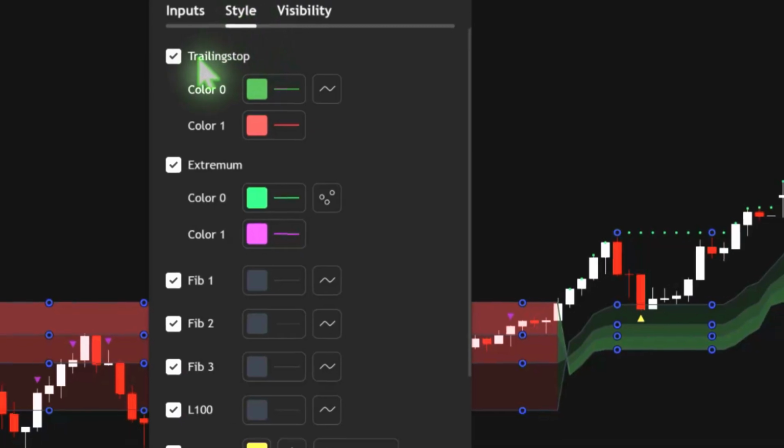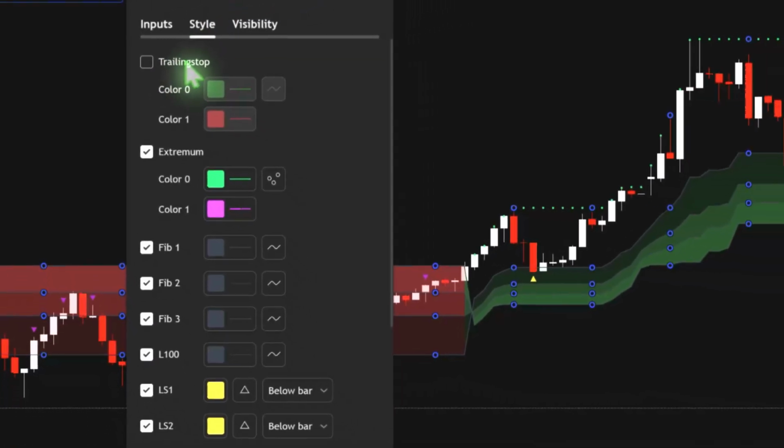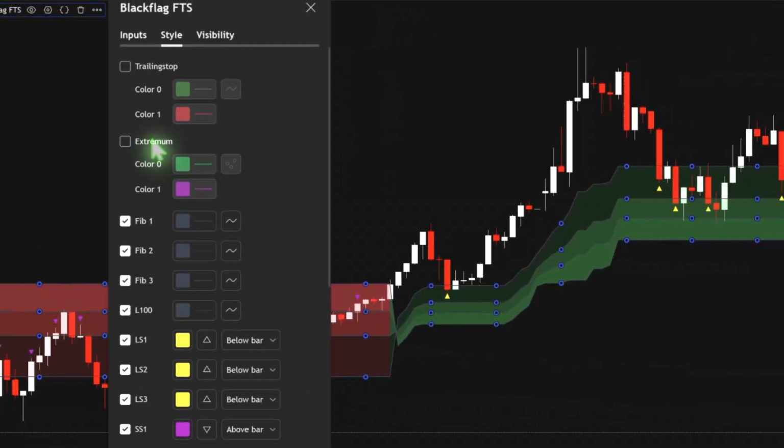This is where we just want the fib lines. These lines are really useful because they often show where price might bounce or pause. So you're gonna turn off everything except the fib 2 and fib 3 options. Just those two are what we need right now.